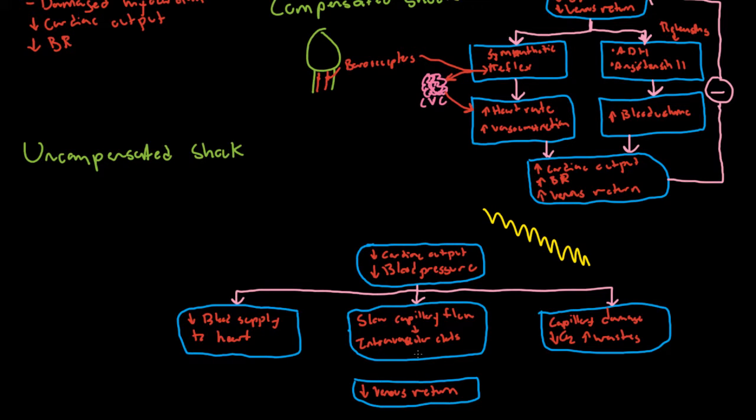A slow flow as well as clots also makes it harder for blood to flow back to the heart, and a decreased blood supply is going to make the heart less efficient, making it harder to give the blood enough pressure to return back through one cycle. So I'm just going to draw a few arrows here to symbolize that.